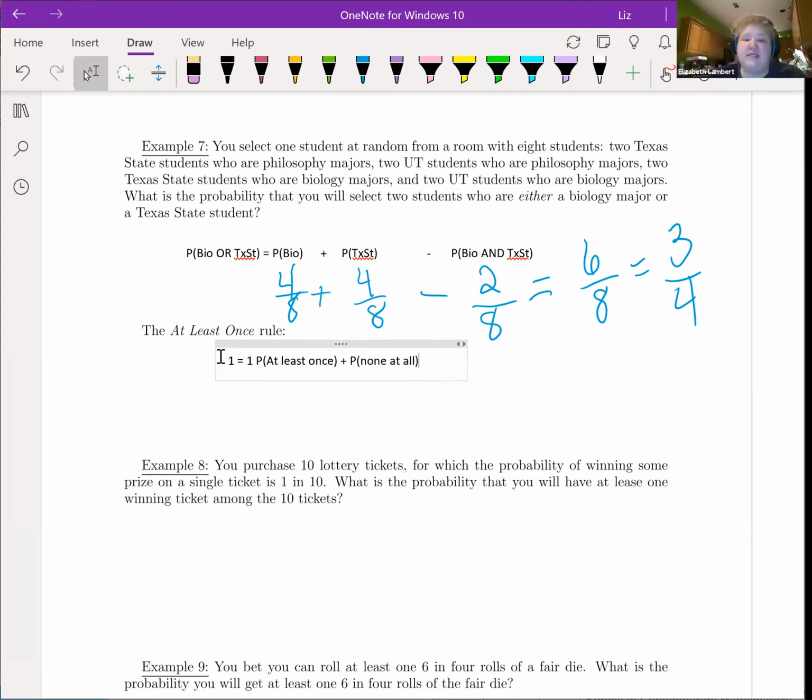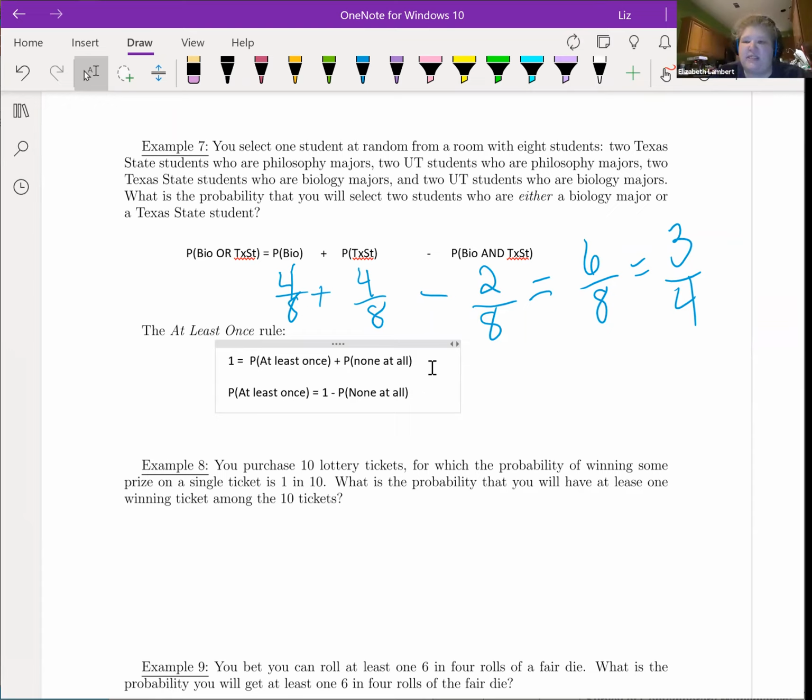And what this means is if I get probability of at least once by itself, I subtract the other over to the other side, what I end up with is that the probability of at least once is the same as 1 minus the probability of none at all.